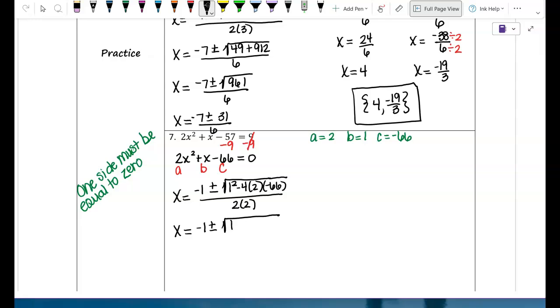Negative 4 times 2 is negative 8. Negative 8 times negative 66 is positive 528. All divided by 4.